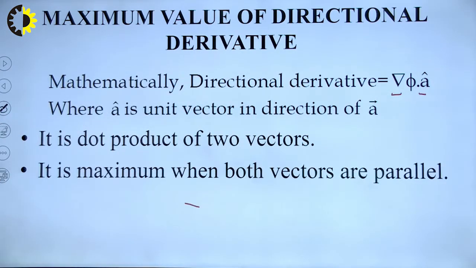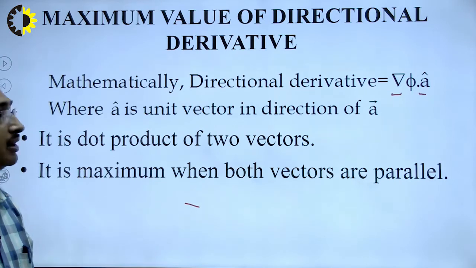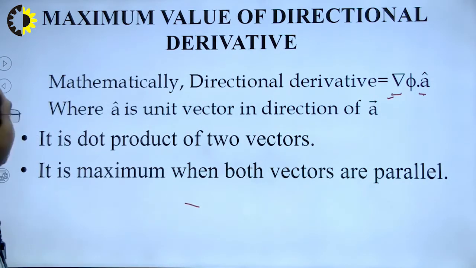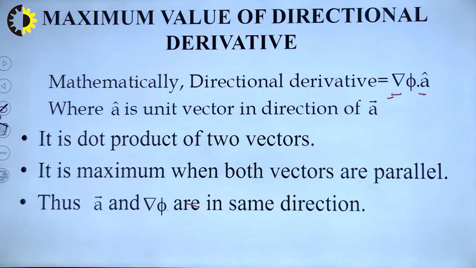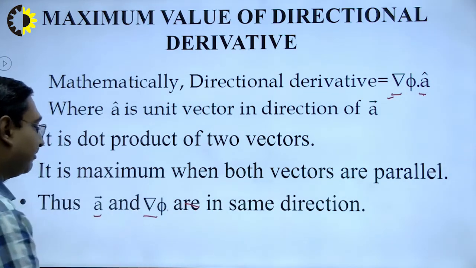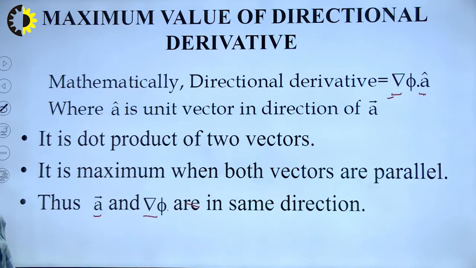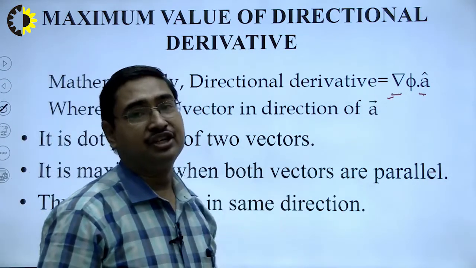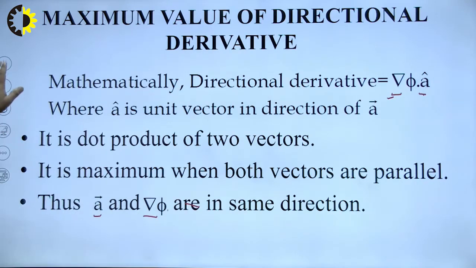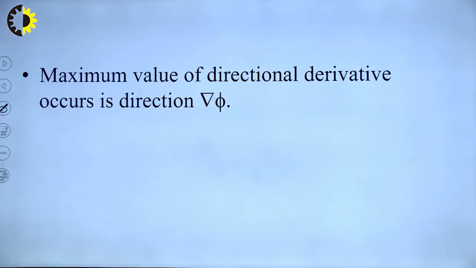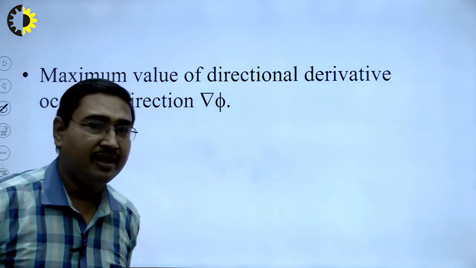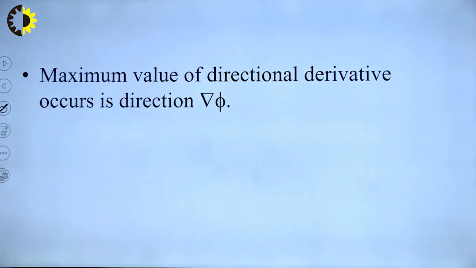The dot product of two vectors is maximum when these two vectors are parallel, and therefore vector A and grad phi must be in the same direction to ensure the maximum value of directional derivative. Thus, the maximum value of directional derivative occurs in the direction of grad of phi.